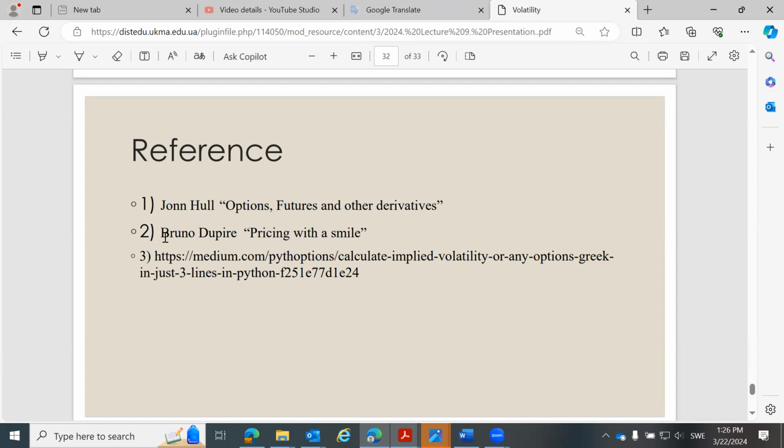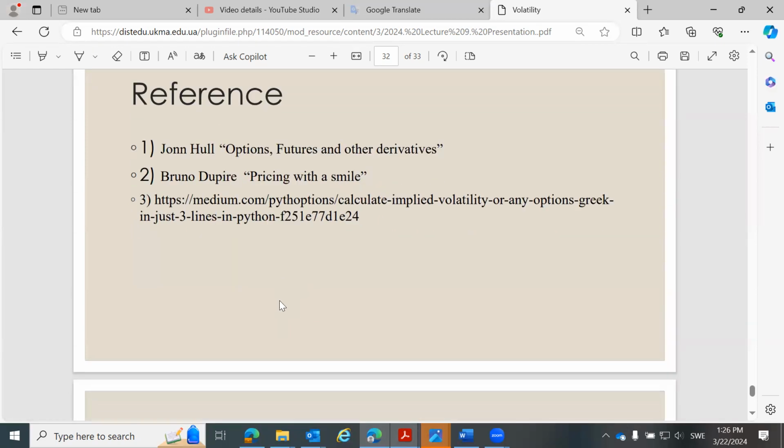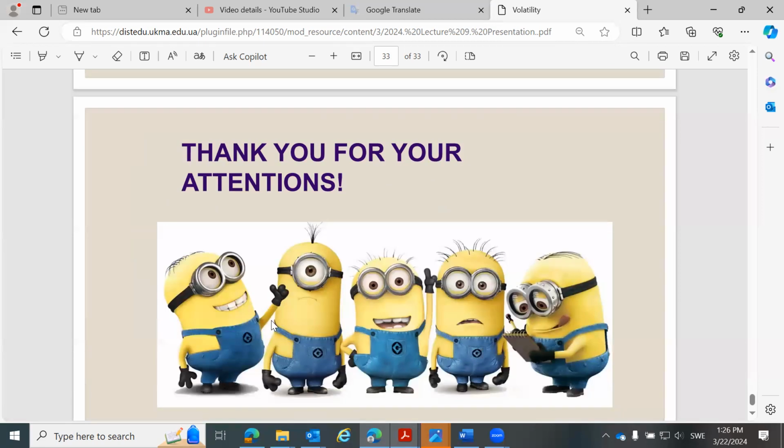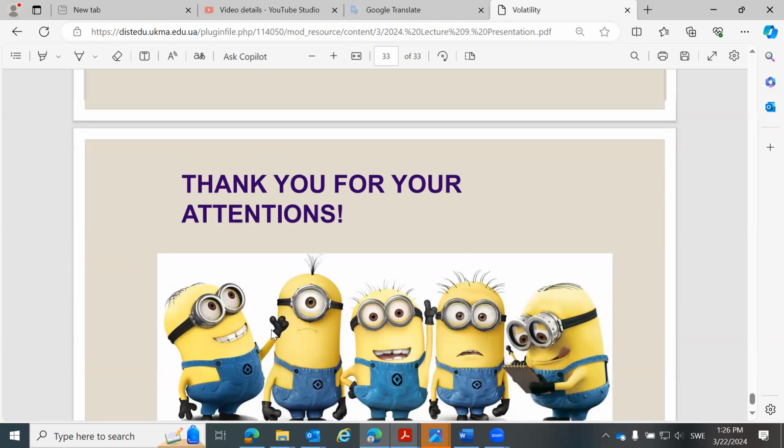It is the paper of Bruno Dupire, Pricing with a Smile. Maybe not very simple, but not very hard. And here is the link to the paper where we can have a look at how we can use Python for calculating implied volatility. Okay, maybe that's all.